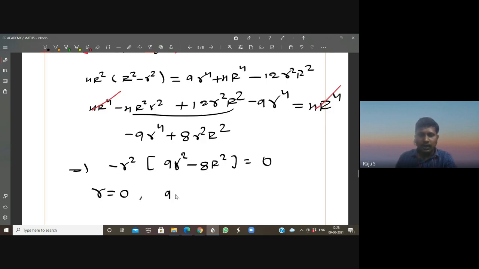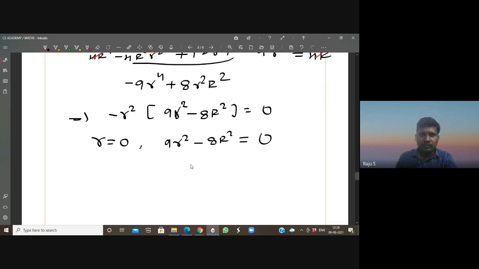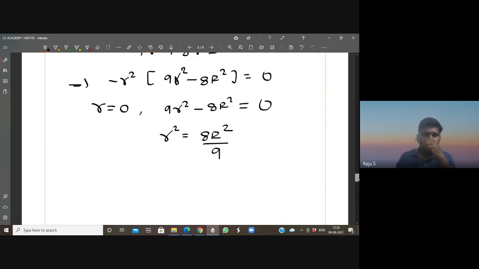Another value is 9 r square minus 8 capital R square is equal to 0. From that, what is the small r square value? 8 R square by 9. So 8 by 9 R square. It is the small r square value.